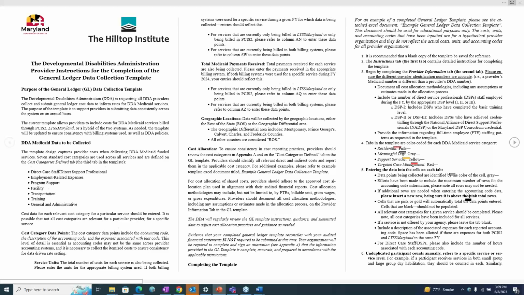There are also spaces to put information about the number of direct support professionals, as well as the different levels. And we also ask a question about the number of full-time employees, because we are trying to also gather some information about staffing patterns.